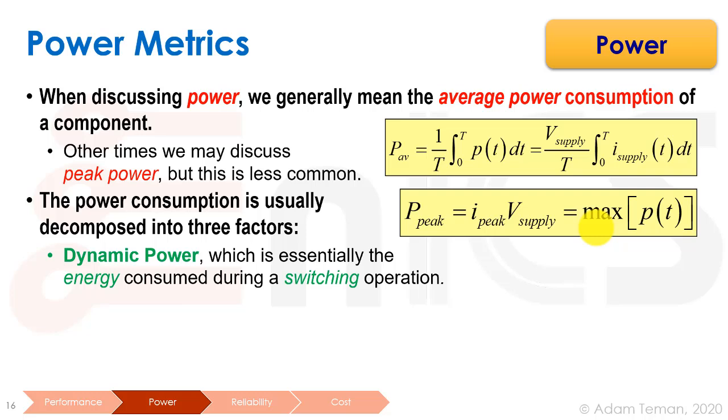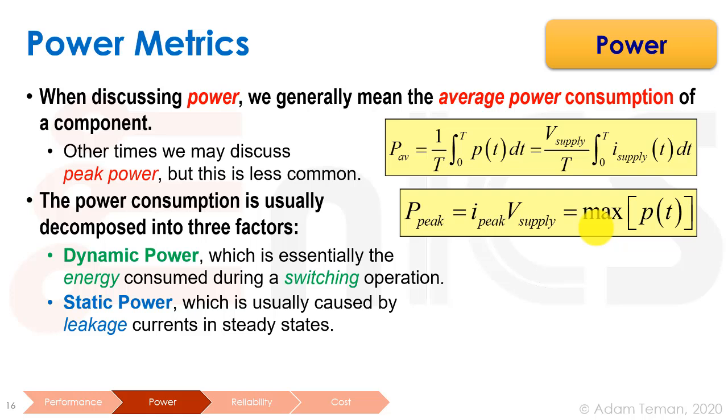This is probably our main power component, or usually is, but it's also the useful power component, because this is what's actually charging and discharging our capacitances that represent our voltage levels and make our signals move along our digital system. Static power, on the other hand, is caused by leakage currents in steady states. If it's non-CMOS, it might be just these static currents that we have running from VDD to ground in steady states, and that's not good because it's not representing anything.